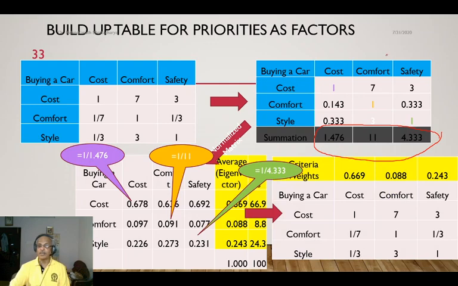So the criteria weight: 66.9% weightage I'm giving to cost, 8.8% to comfort, and 24.3% to safety. So this is the weightage I am giving the criteria before purchasing the car.